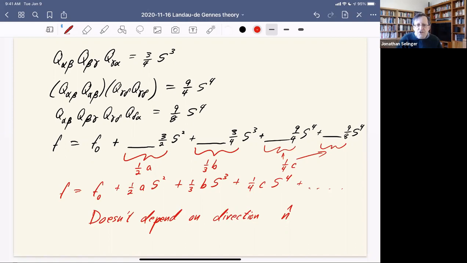The system can make nematic order in any direction, and so it will just pick a direction randomly. It's like with the Ising magnet, where it could make magnetic order pointing up or pointing down, and it just picks up or down randomly. Here it picks any direction in three-dimensional space randomly.